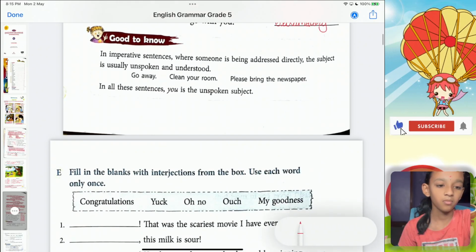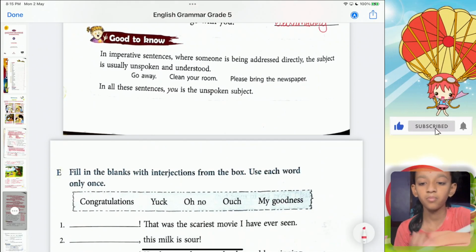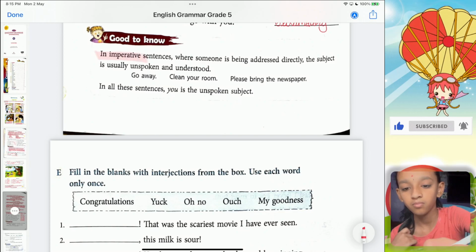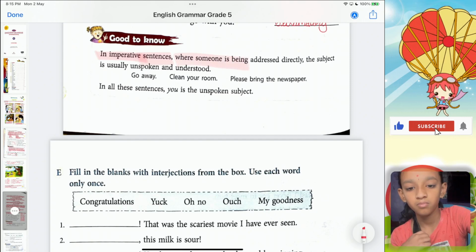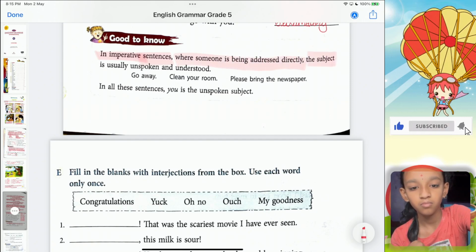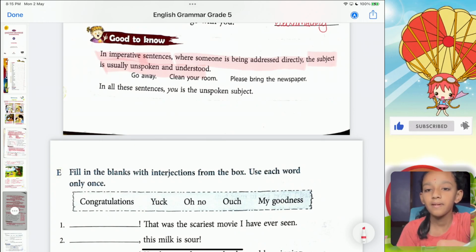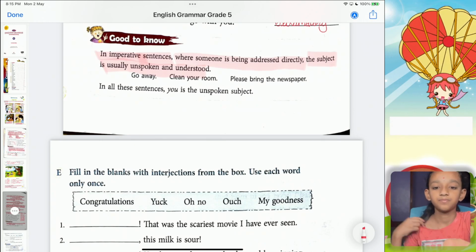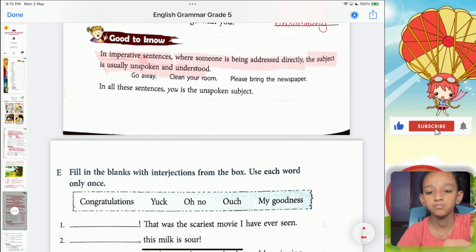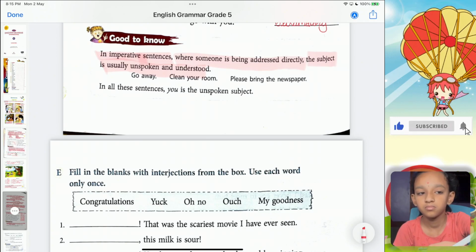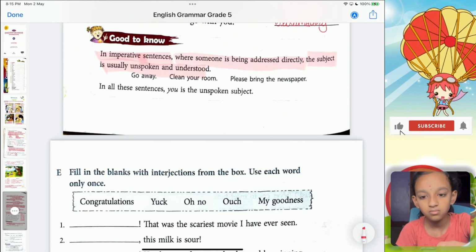Let's look at good to know things. In imperative sentences where someone is being addressed directly, the subject is usually unspoken and understood, right? So if a person is standing right in front of you, sometimes the subject is unspoken and understood.